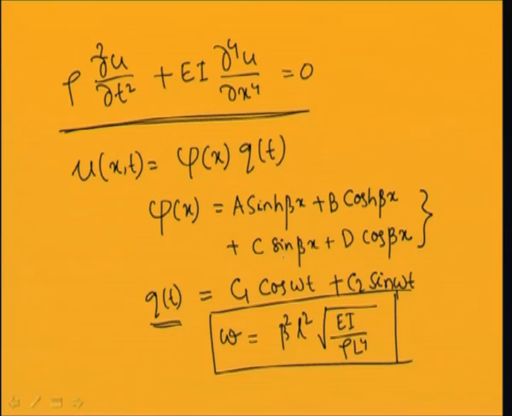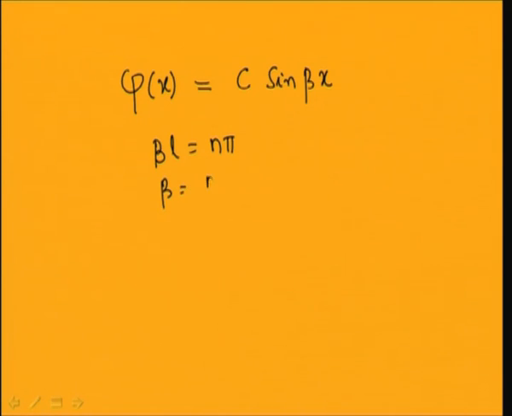Last class we found that psi x equals c sin beta x, and already I got beta L equal to n pi. So, beta equals n pi by L, and psi x equals c sin n pi x by L.